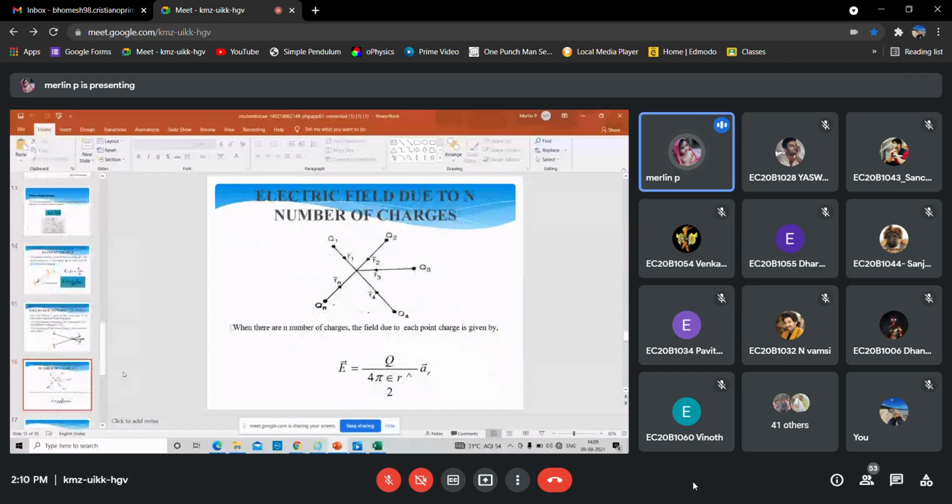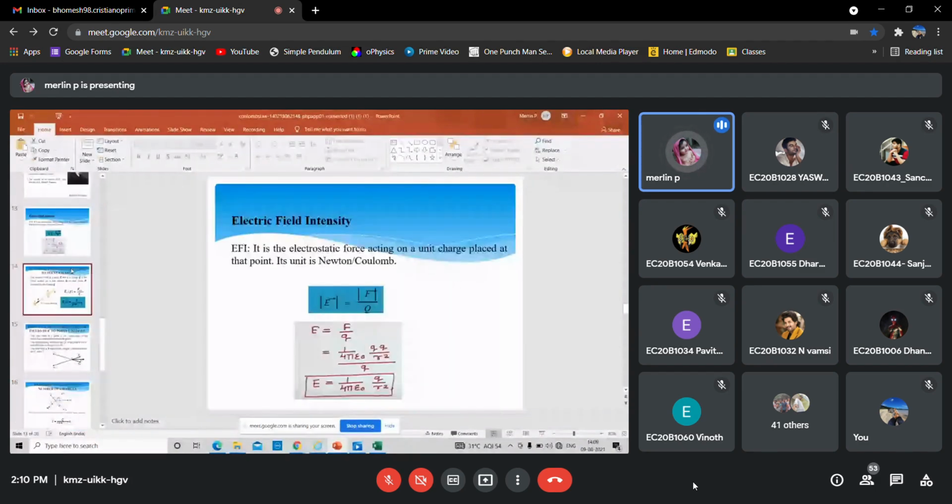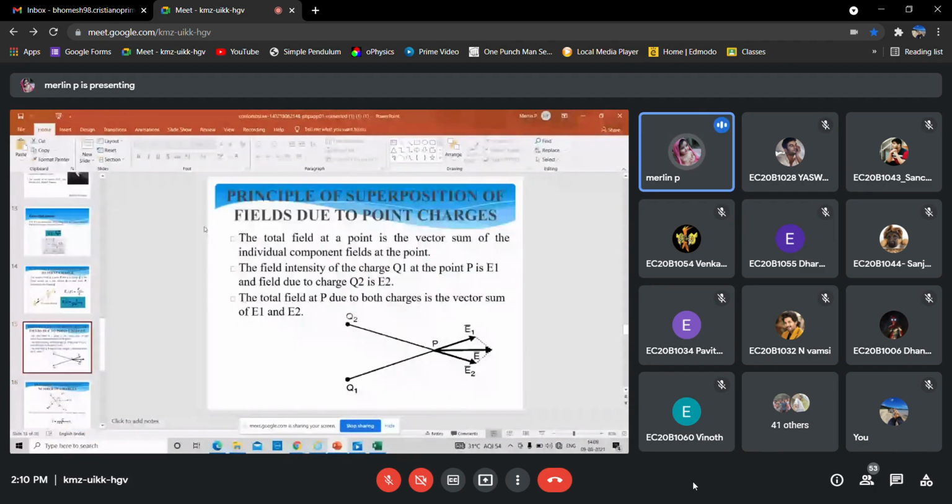Then the principle of superposition. If there are more point charges in free space, suppose we have several point charges placed in space, with positive charges as well as negative charges. There will be force of attraction or repulsion depending on the positive or negative polarity of the charges.